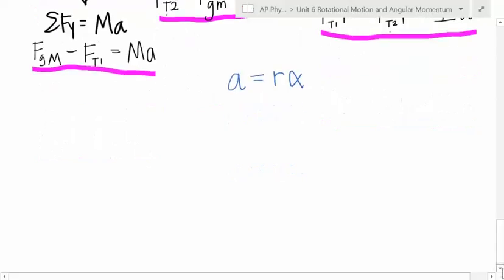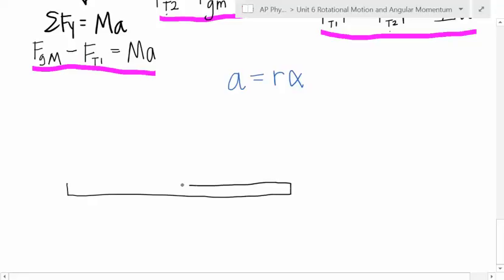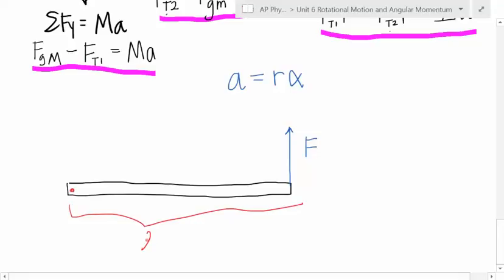Now, not all forces are applied perpendicular to the moment arm. So what do I mean by that? I mean that if here is a long thin rod and we apply a force straight up at the end of this rod and the pivot point of the rod is here, making this the length of the rod, then this force right here, the torque, would be the force, the magnitude of the force, whatever it is, times the moment arm length.